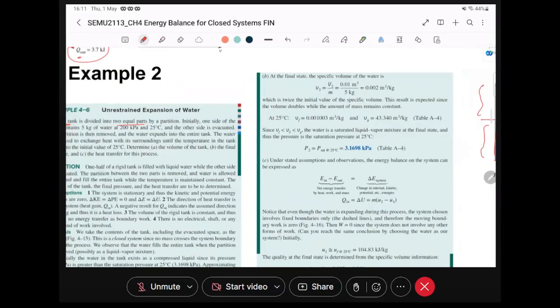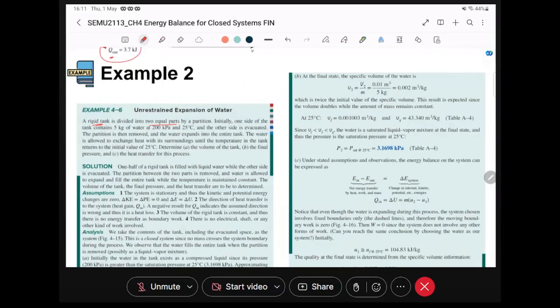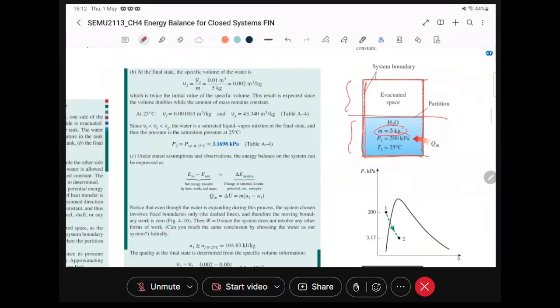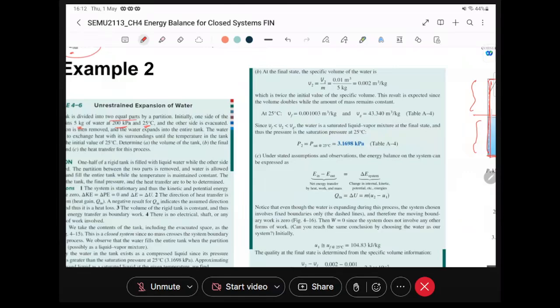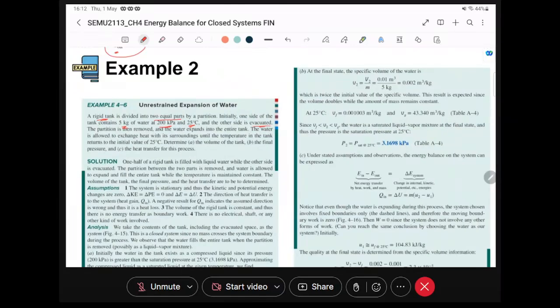One side contains 5 kg of water at 200 kilopascal and this temperature. This amount of water, this pressure, this temperature initially. The other part is evacuated. It's a vacuum basically. And then the partition is removed.